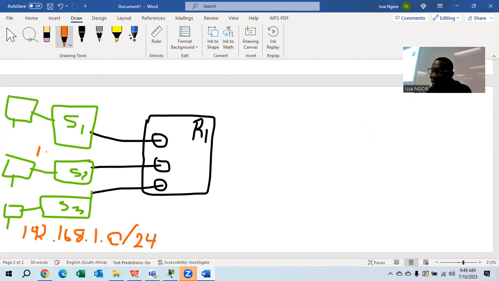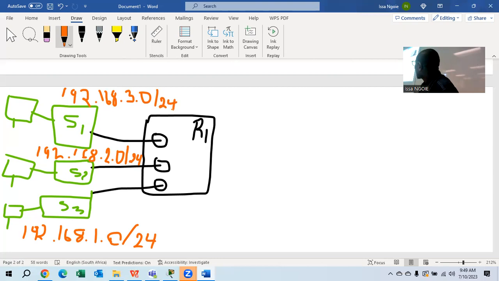This one can be 192.168.2.0/24, because they are different networks. This one can be 192.168.3.0/24, right?